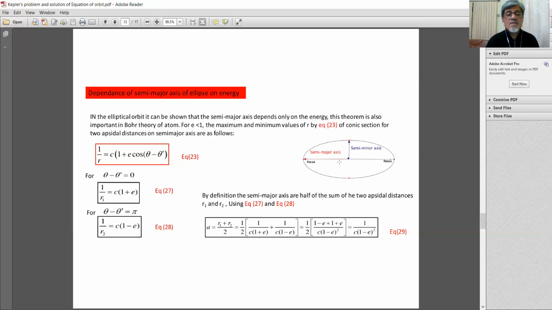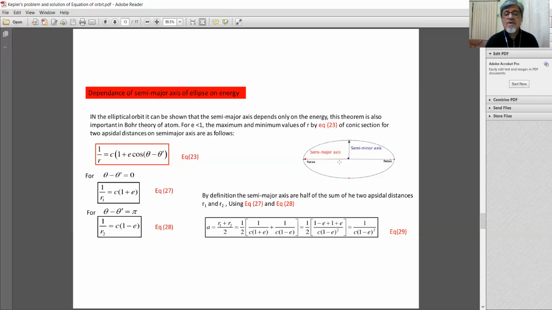So semi-major axis a is equal to r1 plus r2 divided by 2. And we have already obtained from equation 27 and equation 22, 1 upon r1 and 1 upon r2. So r1 plus r2 divided by 2 is equal to 1 upon 2 in bracket, 1 divided by c times 1 plus e, plus 1 divided by c times 1 minus e.